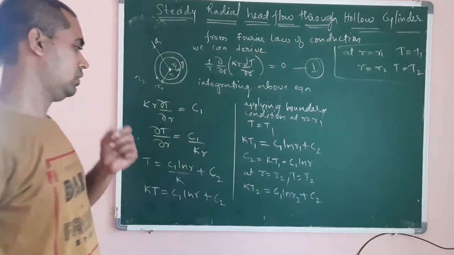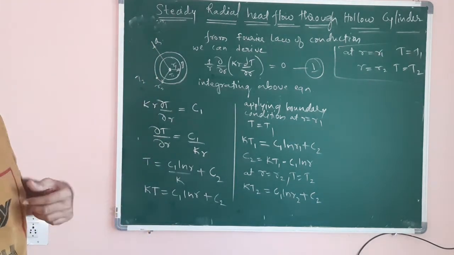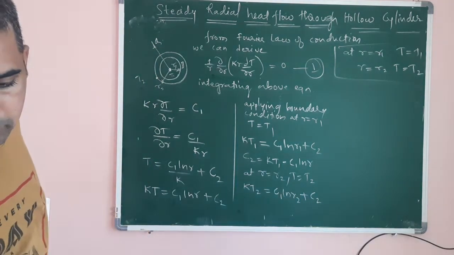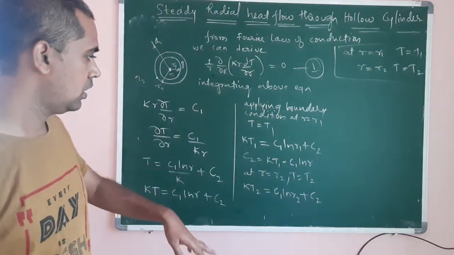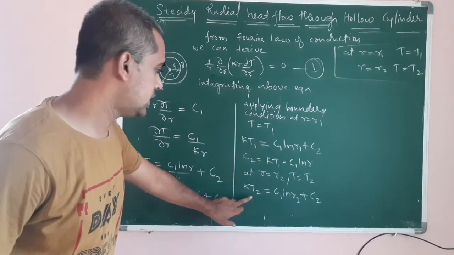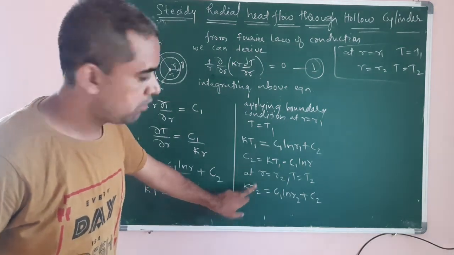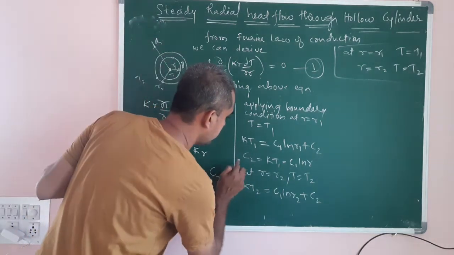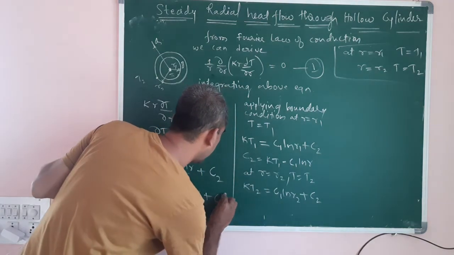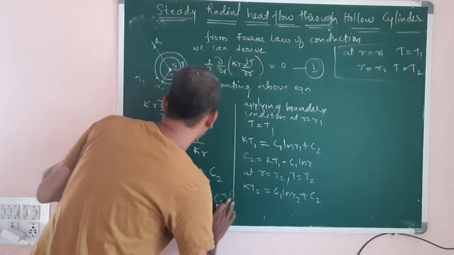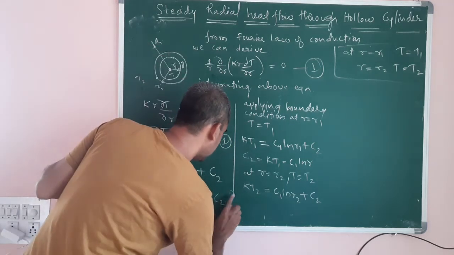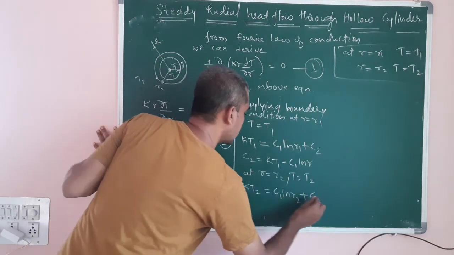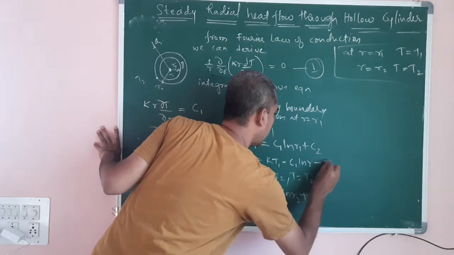Therefore, I will calculate C2 from here and substitute C2 in this equation. Let this be equation number 1, this one equation number 2, and these equation numbers 3 and 4.